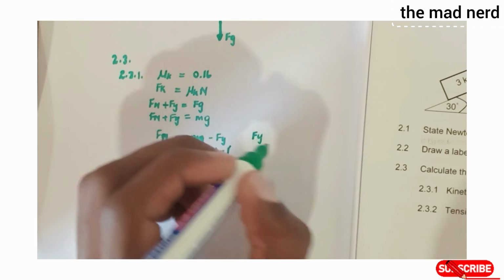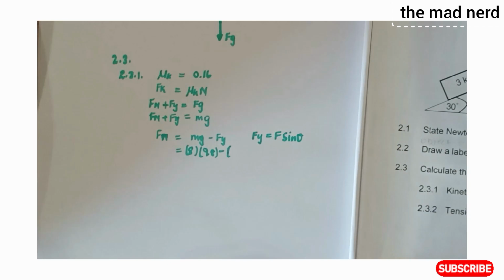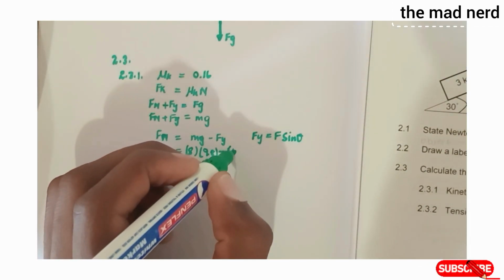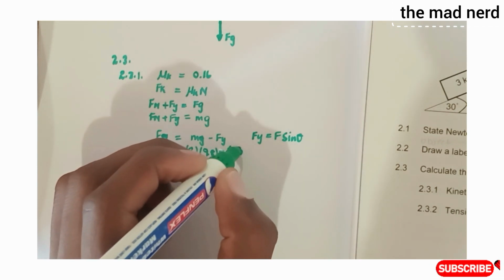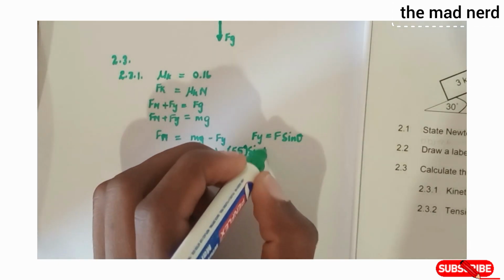Fy is equal to F sine theta. So we substitute 55 here, sine, and the angle is 15 degrees.